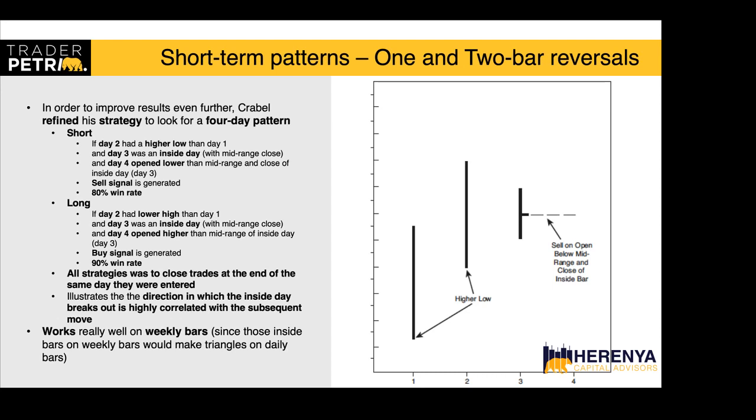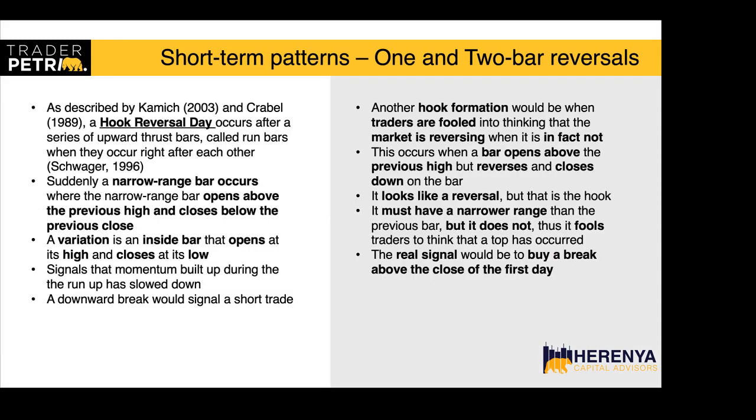So this is a nice thing to look for on a weekly bar chart. You can buy if it opens on Monday above Friday's close, and the prior week was an inside week. You buy it on Monday and you sell it on Friday. If you have this particular setup, which might be difficult to find, you've got an 80 or 90% chance of success, which is great.